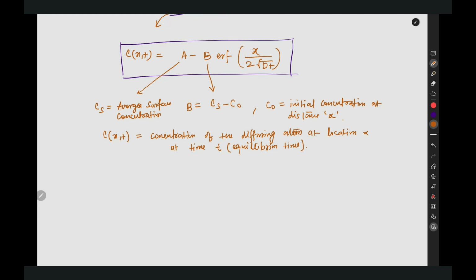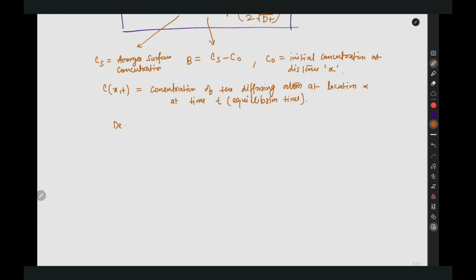This has mainly two applications. One is decarburization and the other one is doping of semiconductors.